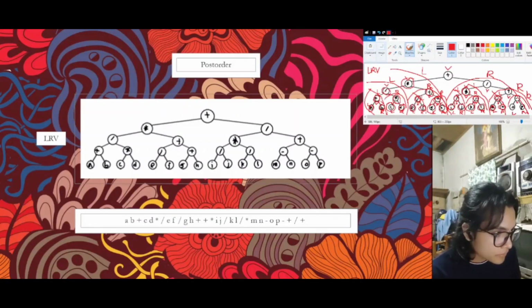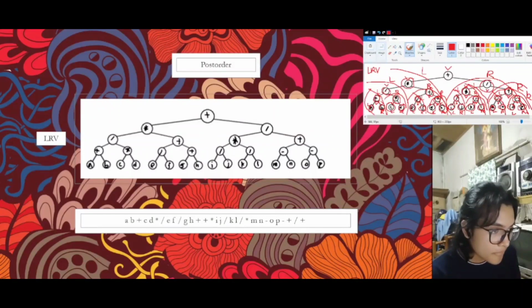So after division, we're now going to proceed to the right, LVR. So we're going to have O, E, minus, and then we're going to have plus. And since this and this are done, we can now consider this one.